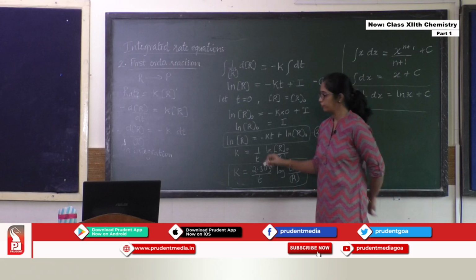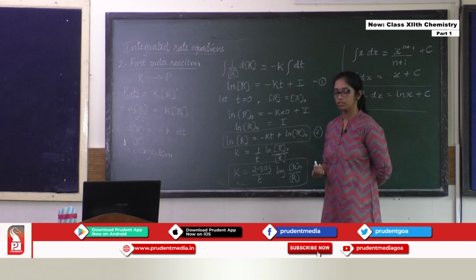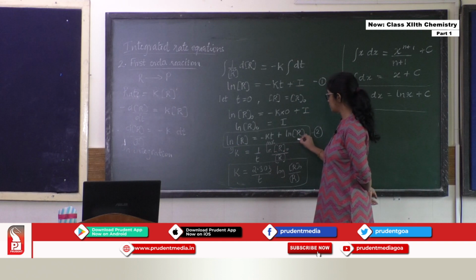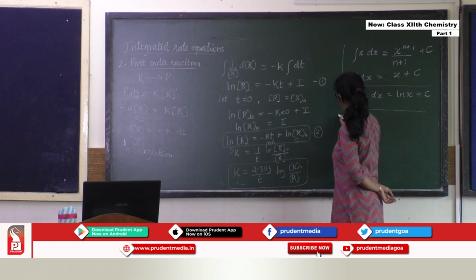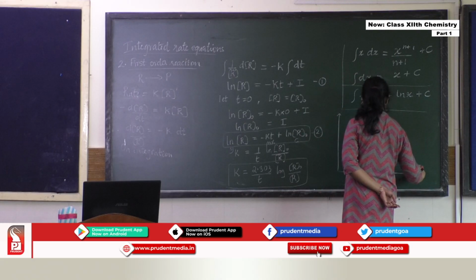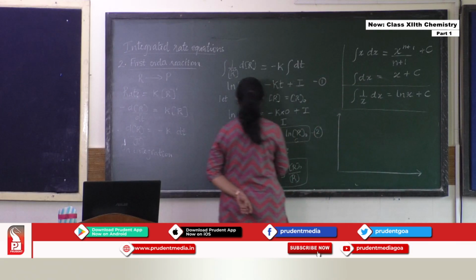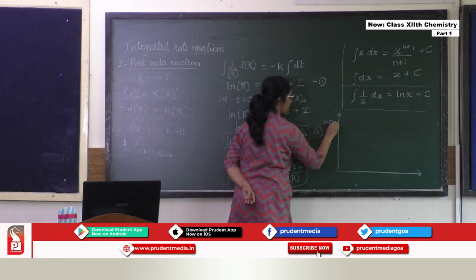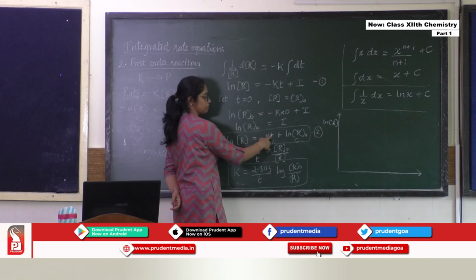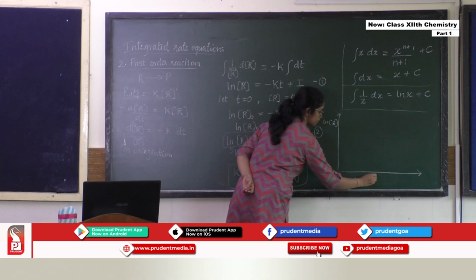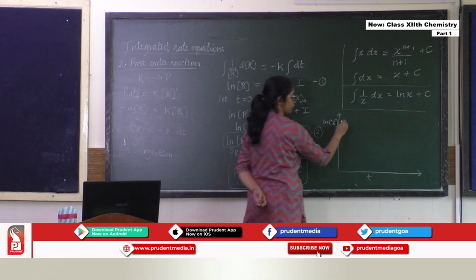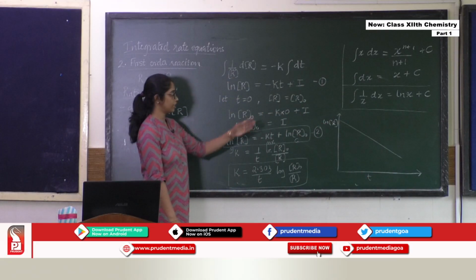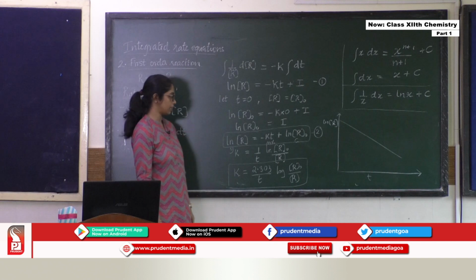we can plot a graph in the same way like how we did for zero order reaction. Here y is going to be mx and this is going to be c. So if you have to plot a graph, on the y axis we are going to take ln of R. On the x axis we are going to take time t, and again the nature of the graph is going to be such that the concentration of the reactant goes on decreasing with time.